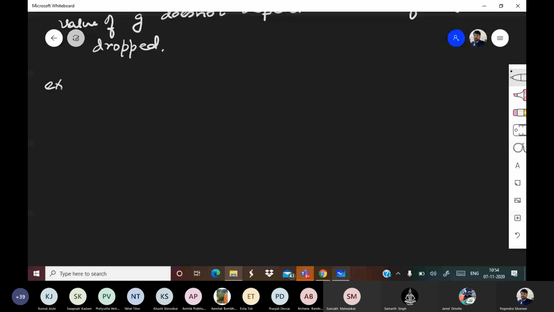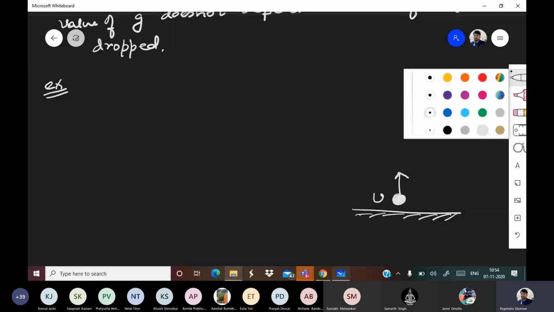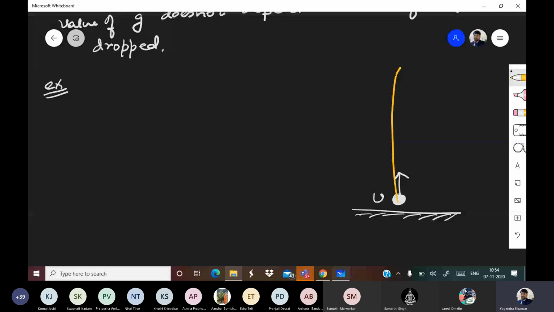Example, so suppose this is ground and this is a ball and it is projected upward with speed u. So what will happen after we project it? It will go up, and it will return back.